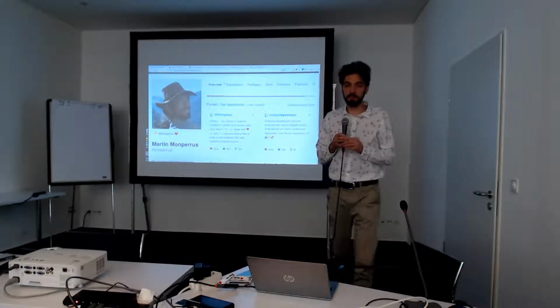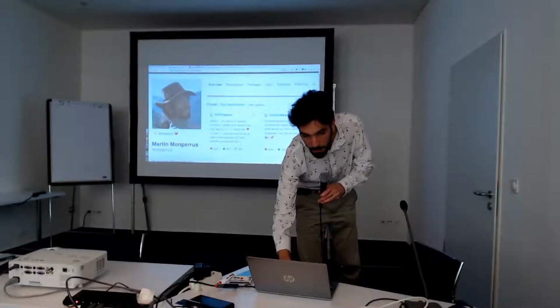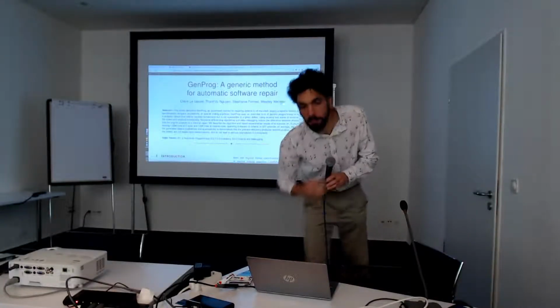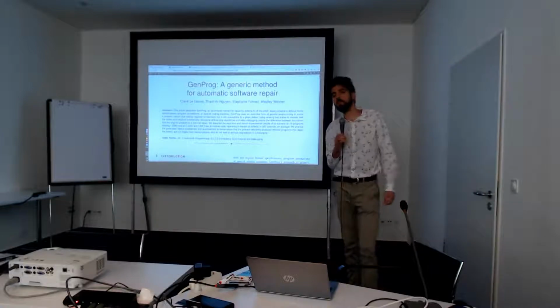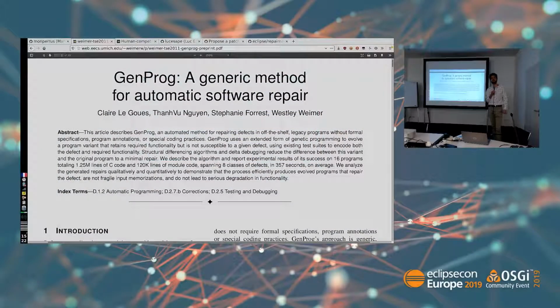This idea comes from a paper at the end of the 2000s, GenProg, a generic method for automatic software repair by colleagues from University of Virginia and New Mexico. It's really a major paper in the field. Why? Because there are very few papers which invent a new research area. And this is what they've done.